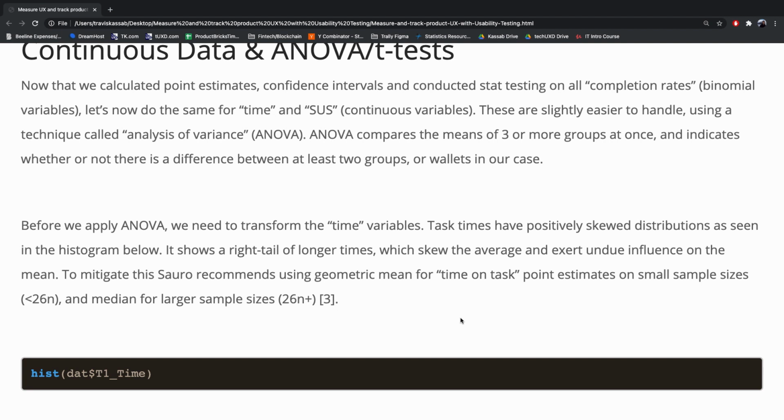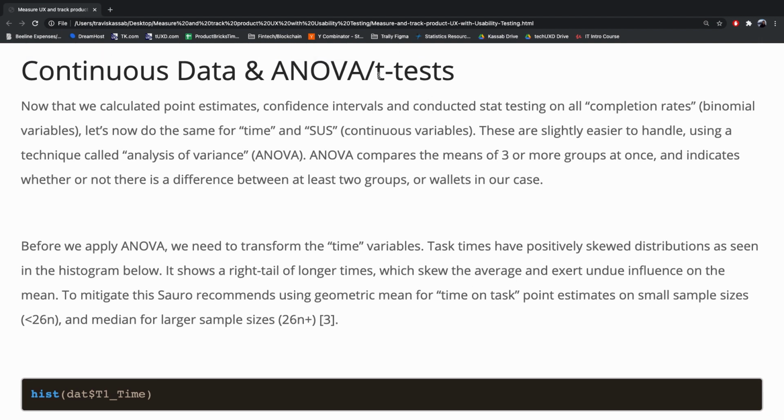ANOVA, which stands for analysis of variance, is testing for if there is a difference between the time measurements between at least two of the wallets, right? So if there is some difference in the group of wallets, then it's going to return a significant p-value.